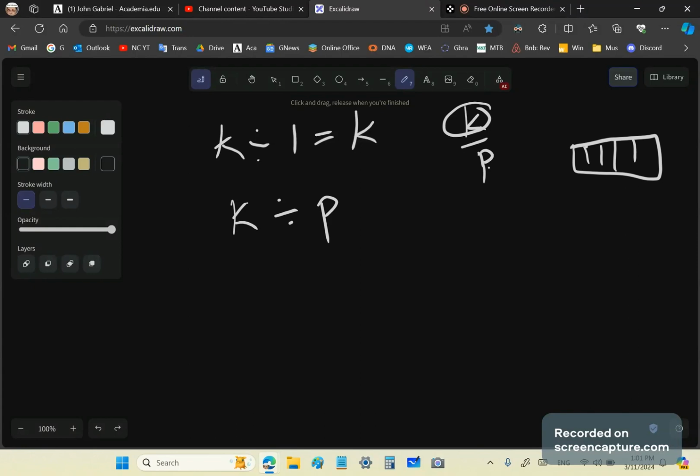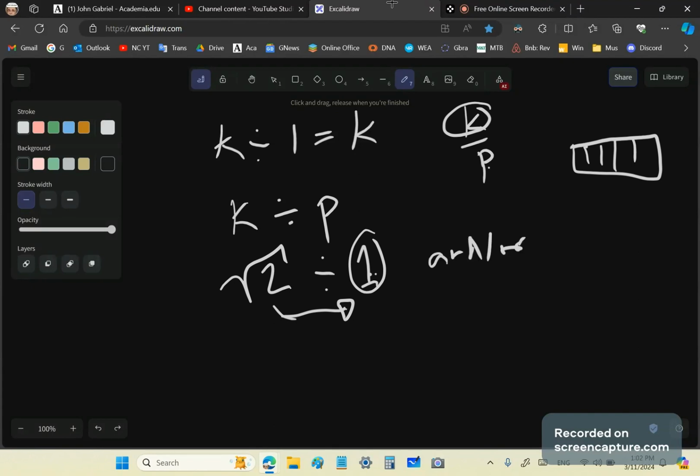So if you write square root of 2 divided by 1, that means you're going to measure square root 2 with 1 and or equal parts of 1. That's what it means. So it is in algebra strictly wrong to write square root 2 divided by 1 is equal to square root 2.